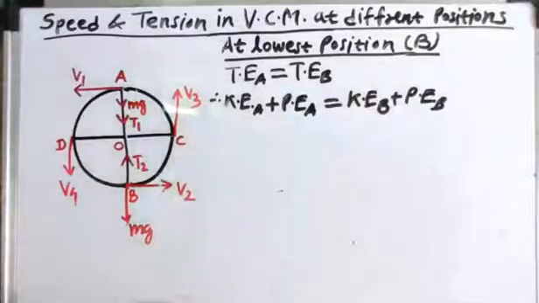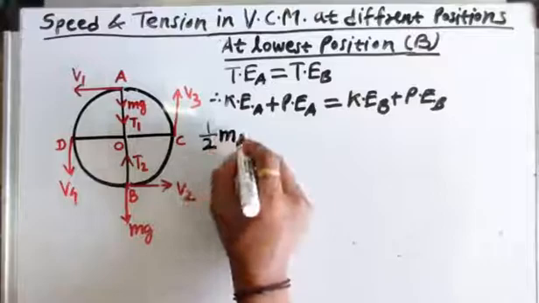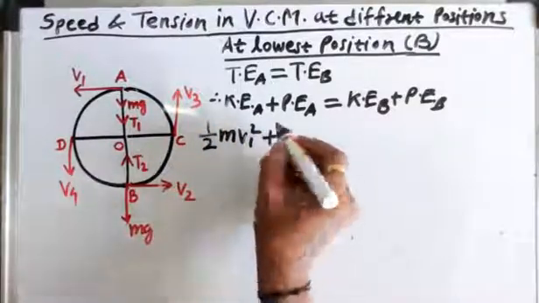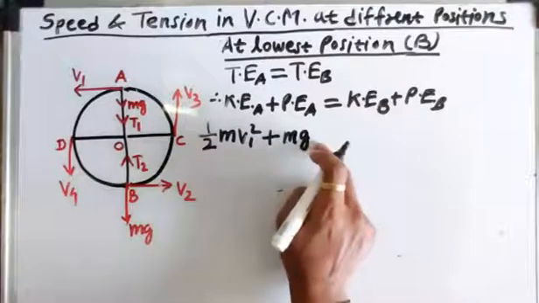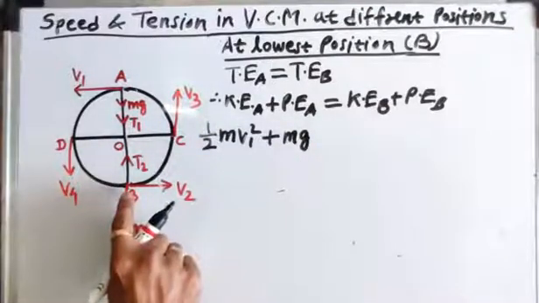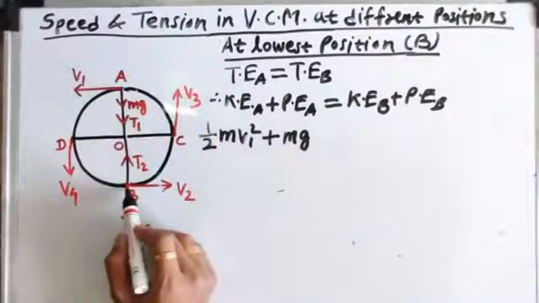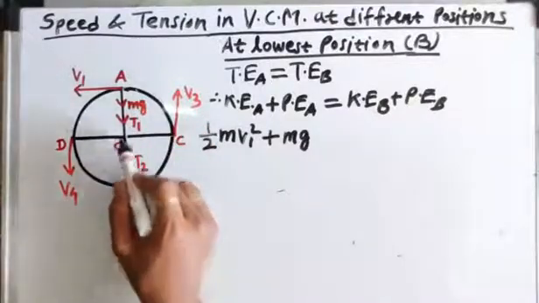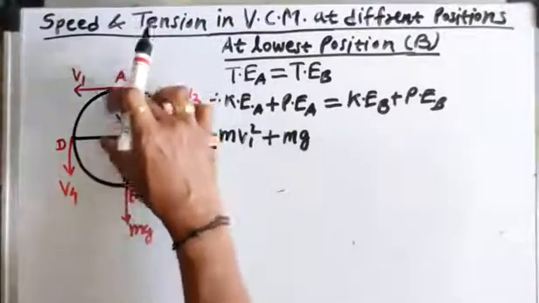For kinetic energy at A, we can write half m V1 square, plus potential energy at A, that is mgh. Here, as we have assumed B is at the ground level and OP is the radius, when the particle moves along the path BCA, the total upward distance traveled by the particle from B to A is r plus r, that is 2r.